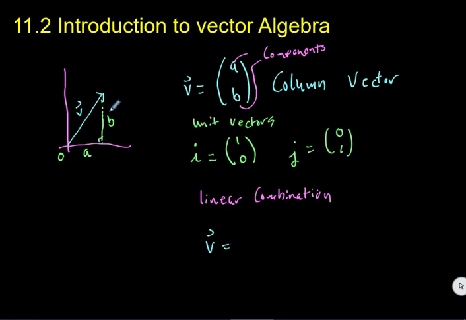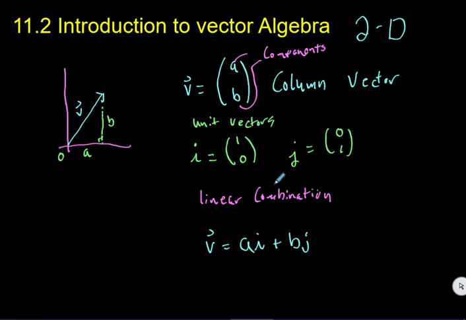Since it's distance A and B, and i and j are our unit vectors, we can represent this as Ai plus Bj, right? This is our linear combination. We're talking about the two-dimensional plane right here, and we're going to go over three dimensions towards the end of this video.